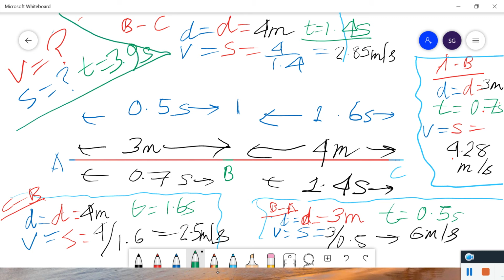Okay, now see what to do first. Let's assume an approx point where it would be. Since time is given 3.9 seconds, so 1.4, 2.1, 3.7, 0.7 seconds A to B, B to C will take 1.4 seconds, C to B will take 1.6 seconds. So somehow here it will be 3.7 seconds.